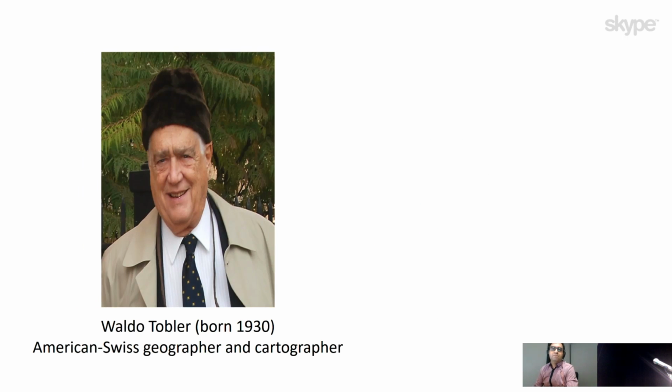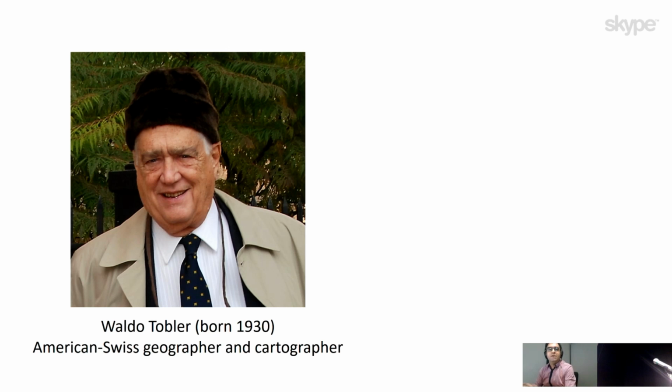So where did we start? We started with the first law of geography, created by Waldo Tobler. He's known as one of the leaders in the development of concepts and theories in the field of geography for maybe 30 to 40 years.